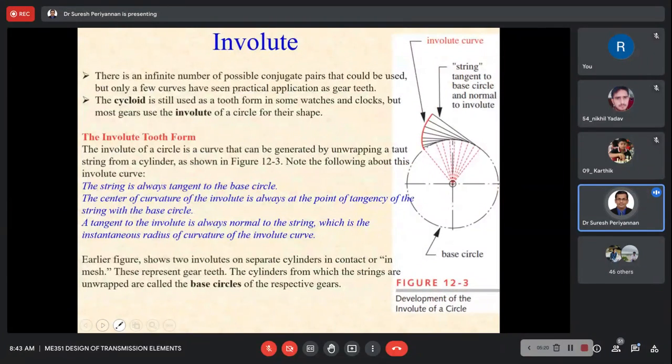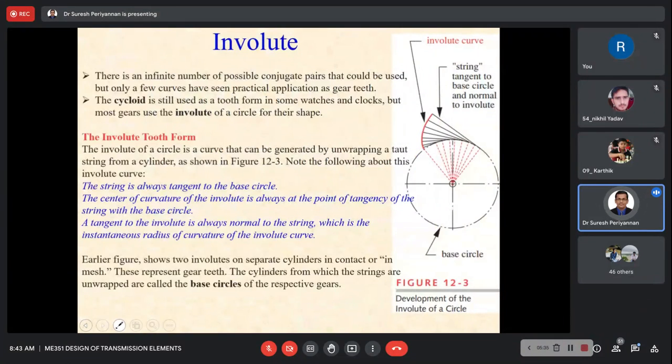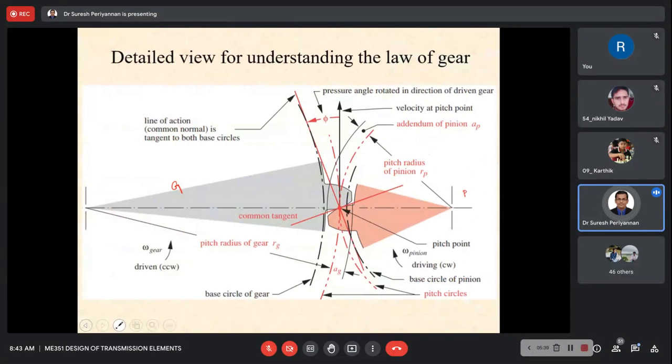Now, very important terminology. In the earlier section, we discussed the law of gearing. When the engagement and disengagement of each tooth should follow the same point of contact.